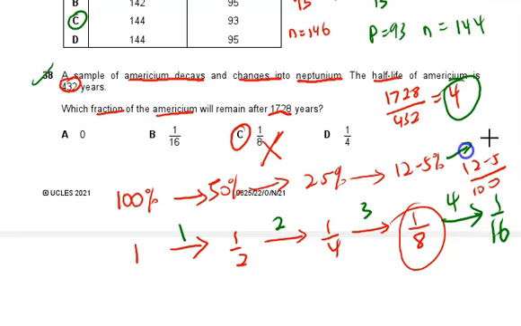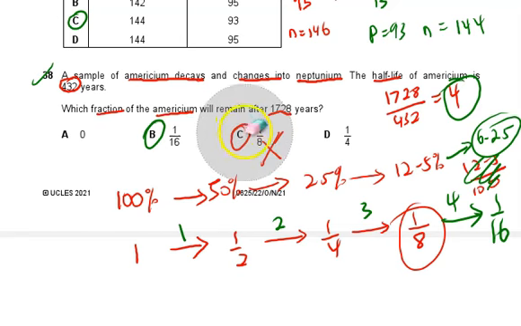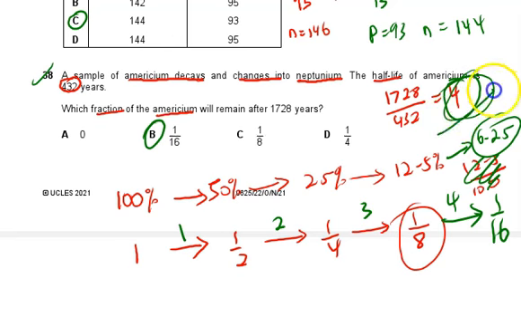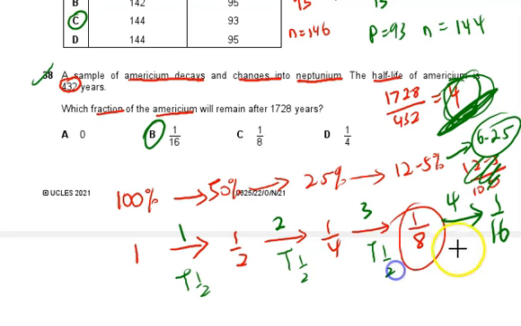So it should be divided into half, 6.25%. So this is not your answer. Your answer is supposed to be this. I'm very sorry, I never noticed this. It should be 4. So you should have about 4 half-lives: the first half-life, second half-life, third half-life, and the fourth half-life. So 1/16.